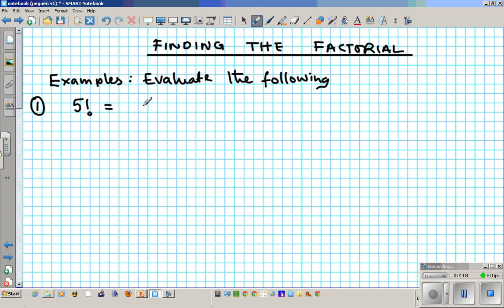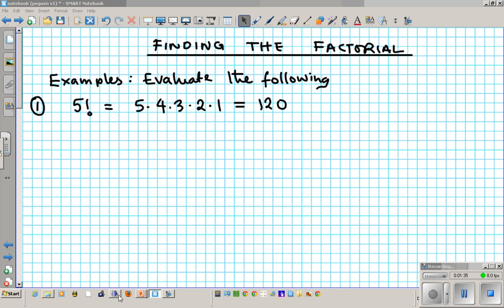That means you're going to count from 5 to 1 and then multiply the products of all the numbers, all right? So counting down from 5, we have 5, 4, 3, 2, 1. So 5 times 4 times 3 times 2 times 1 is what 5 factorial is. Okay, if we multiply them, 5 times 4 is 20. 20 times 6 is 120. Alright, so that's 5 factorial.